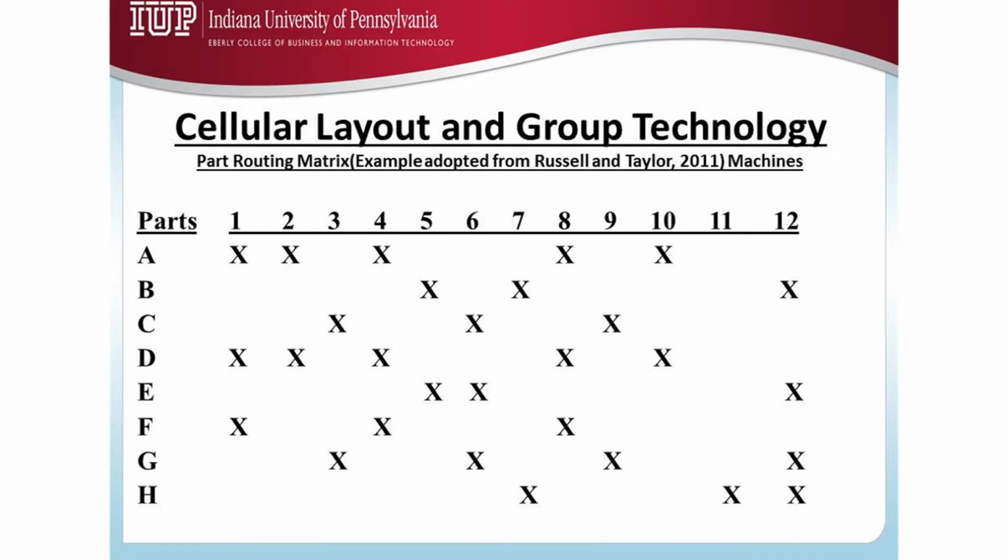And this is again a very simplified example. In reality, you may have 200 different parts requiring any one of 20, 30 different processes or machines.